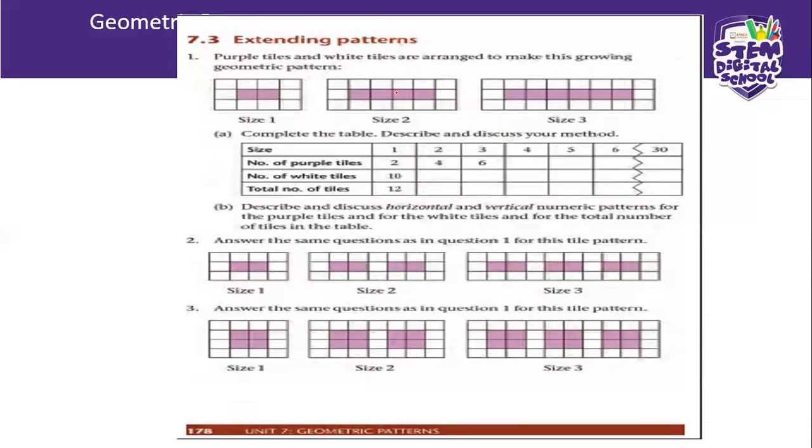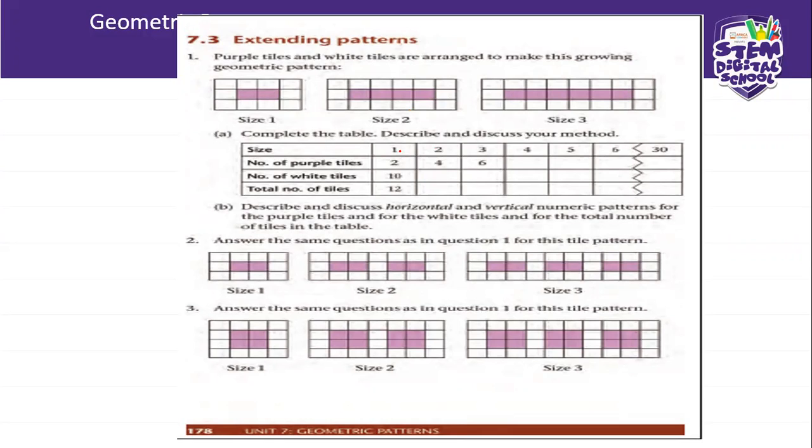With each size, the amount of purple and white blocks increase. But the question that we always ask is by how many? Hence, if you look at the table below, let's analyze this table below.